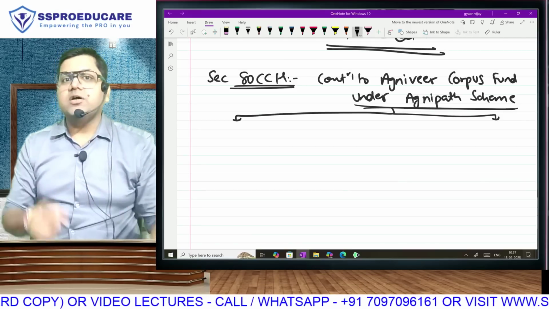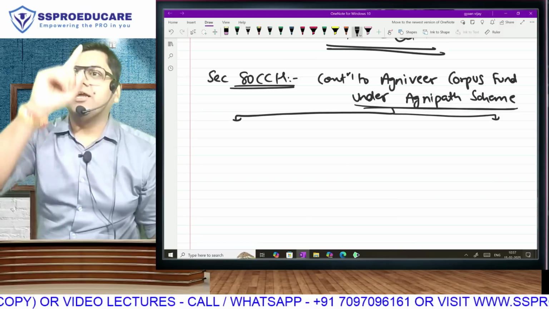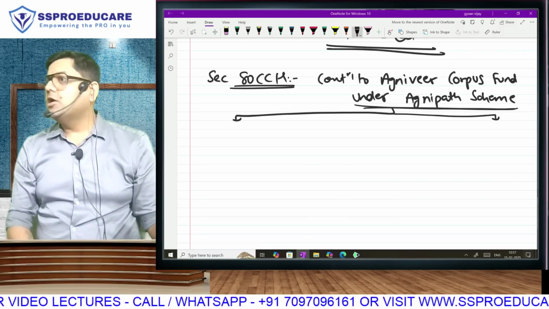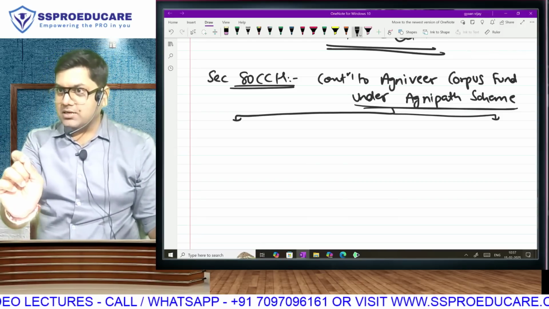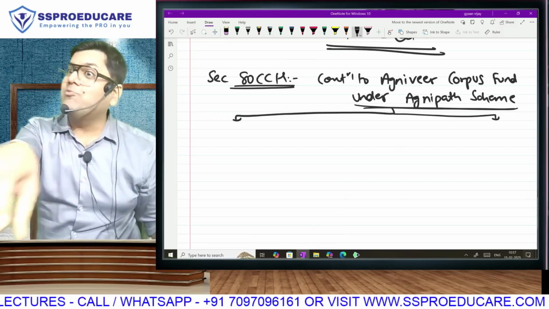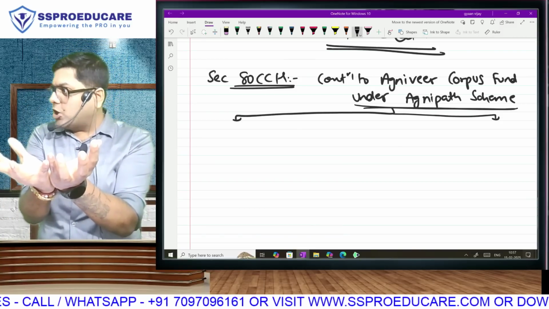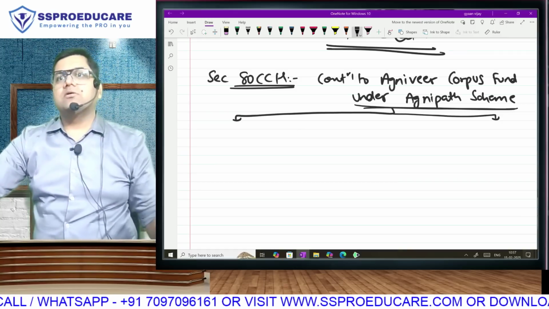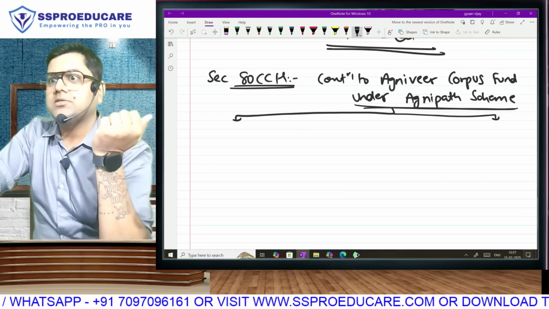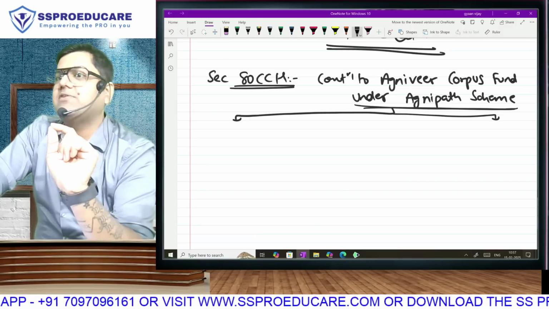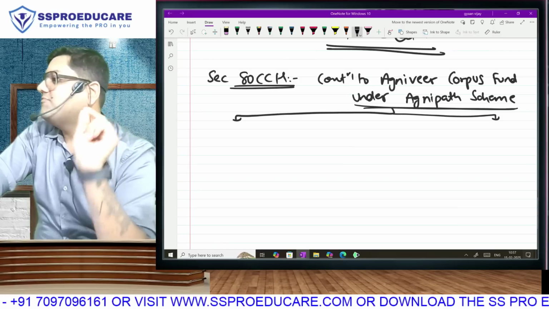And after 4 years, you have to compulsorily retire without any pension. During these 4 years, we will give you salary, plus we will give you a contribution in a fund. That fund after the end of 4 years will become a corpus. That is your pension. No pension. In 4 years you don't get pension. Compulsory retirement after 4 years. Only 25% will be retained. 75% have to compulsorily retire.